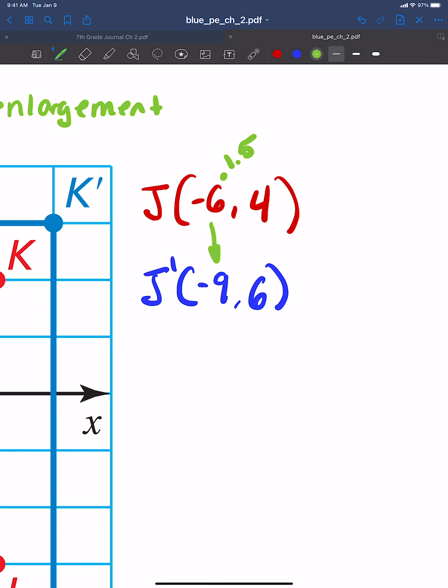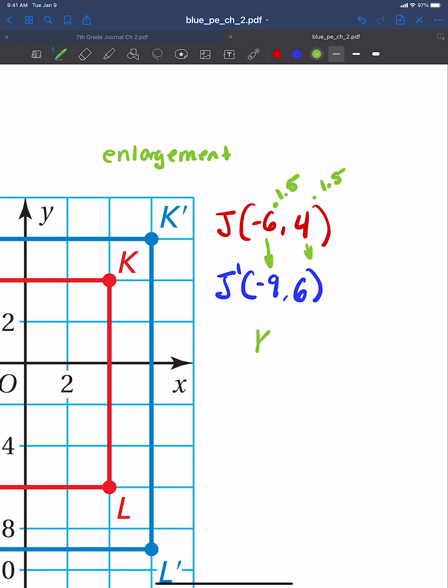And then 4 times 1.5 does get you 6, okay? So even though there is a fraction or a decimal, there's still that whole number, okay? And we like whole numbers. As long as they're not just a decimal or just a fraction, it will still be an enlargement. So the scale factor is 1.5.